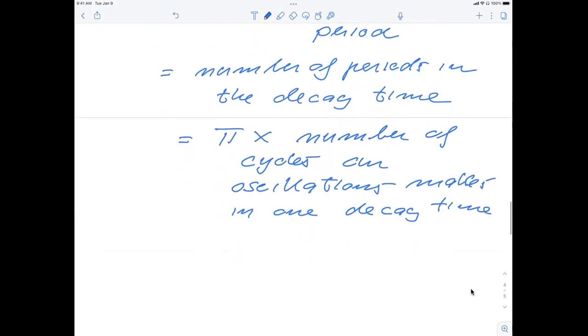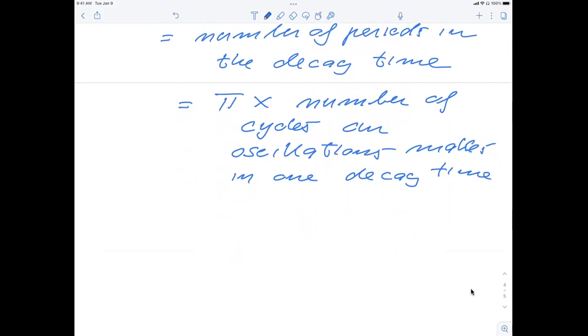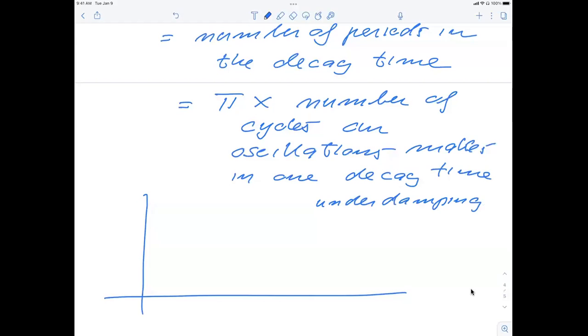So just to quickly remind you, if you go back to the case with underdamping, this is where this is very clear. We had a solution which was given by 1 minus 1 over Q of tau, plus some kind of sine or cosine motion here. So we would see something like this.